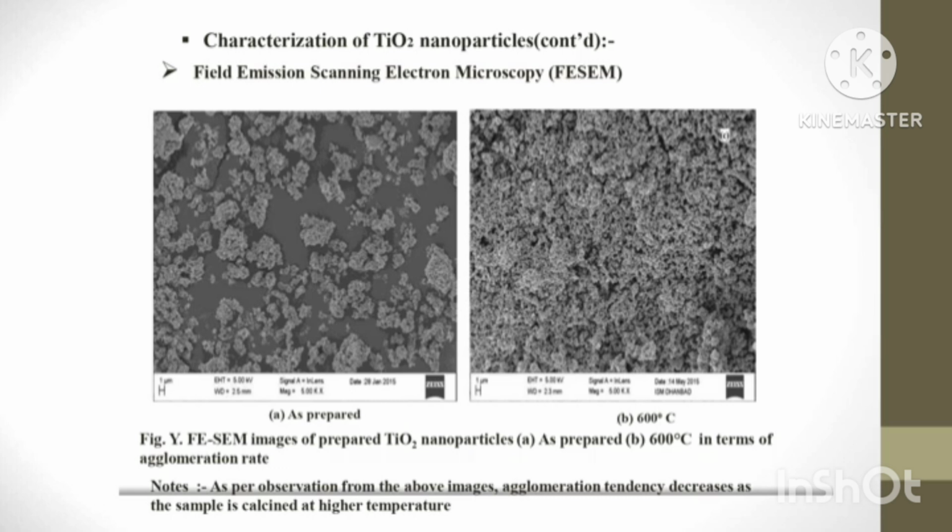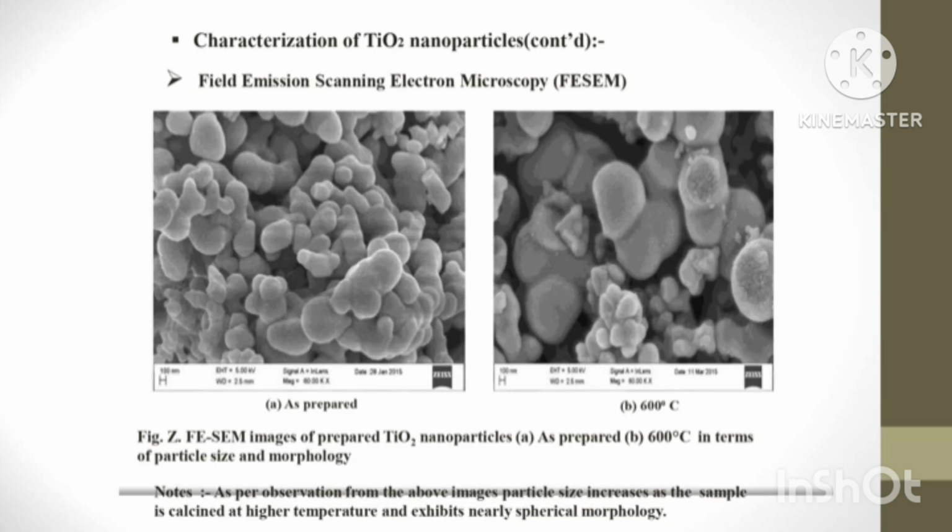Now what is B? It is calcined at 600 degrees Celsius. What are we doing in this slide? We have to compare the particle size and morphology. What is the shape of that particular powder after doing FESEM? What does FESEM stand for? Field emission scanning electron microscopy.